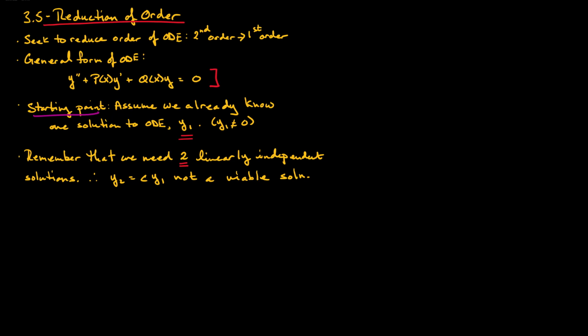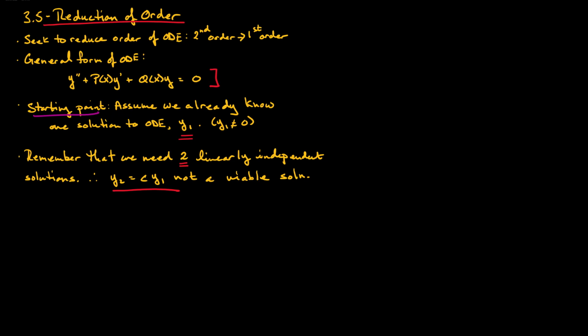Now, we might be tempted to say that y2 is maybe of the form c multiplied by y1. However, recall that a constant multiple of a fundamental solution is linearly dependent and therefore is not a viable solution. We need a second linearly independent solution.